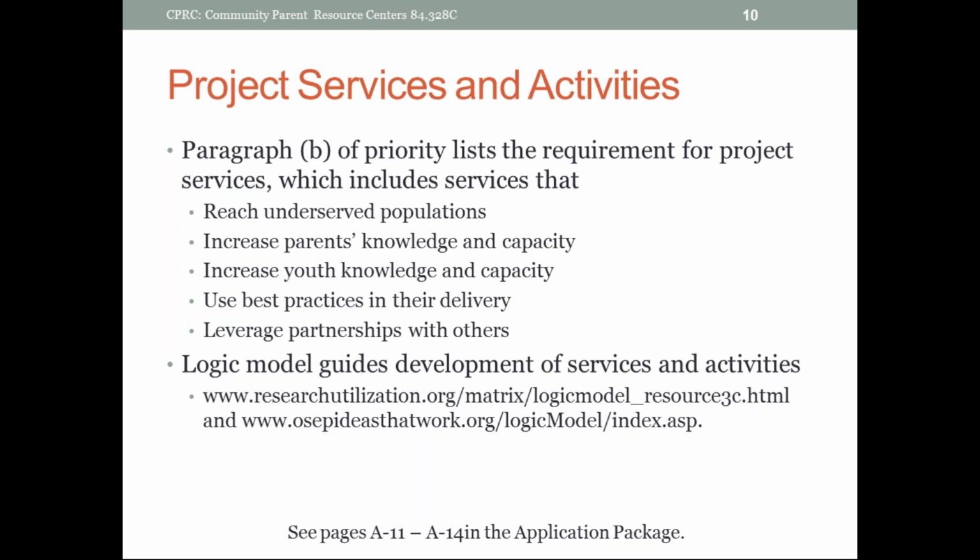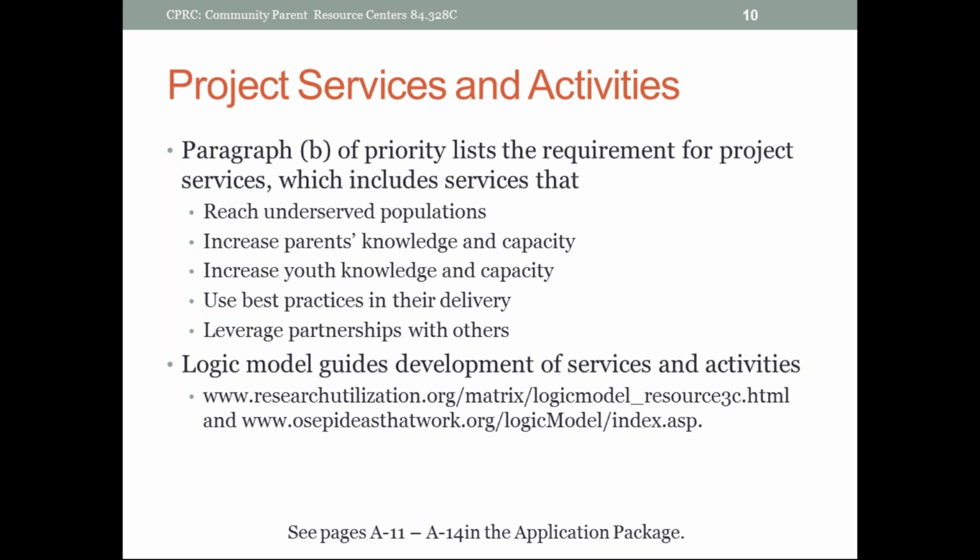So you have to talk about how your services will reach those populations, those families, how your services will increase your parents' knowledge and capacity, how your services will increase the youth knowledge and capacity, how you'll use best practice in delivering services, and lastly, how you'll leverage partnerships with others. Now, this is a very overarching way in which I've presented what's in paragraph B. Again, you want to look at them very carefully because paragraph B lays out what we would like to see in the application and what the requirements are for the services you're going to be providing.